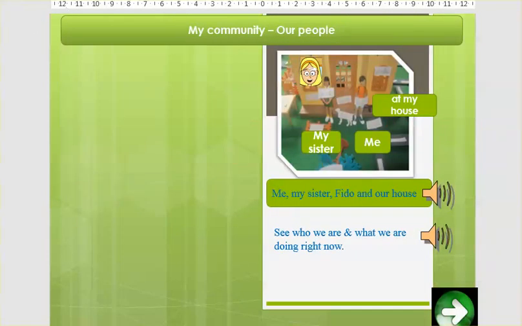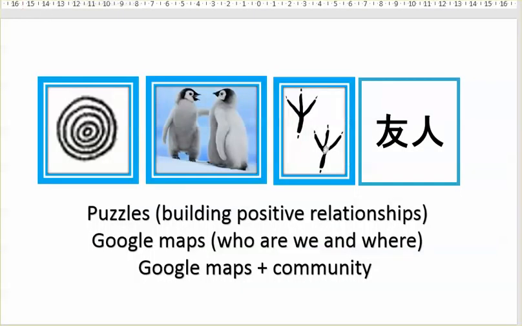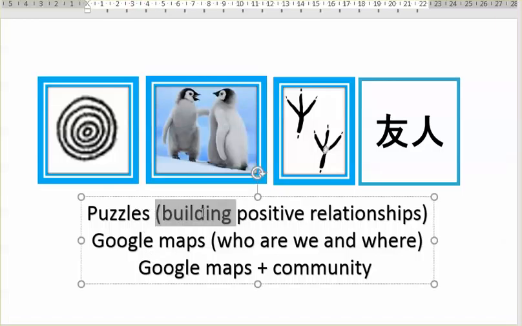So that's that. In summary, what we had is a few examples. I'm sure there's more, but a few examples, which are puzzles like this one. For example, this one has a theme to build positive relationships between nations and people and different regions. Google Maps, exploring who we are and where we are.